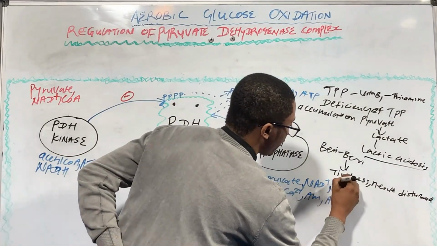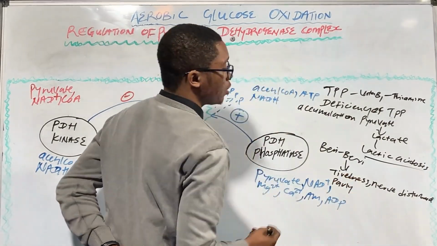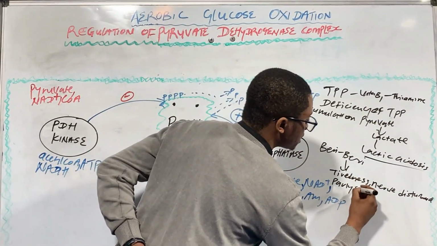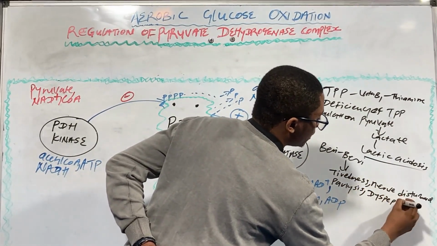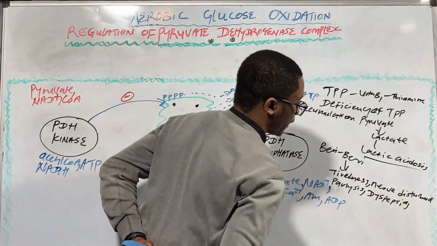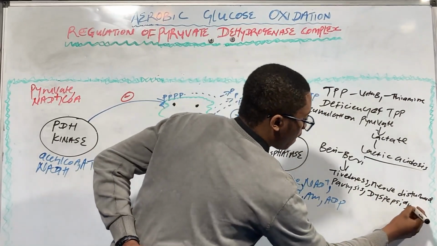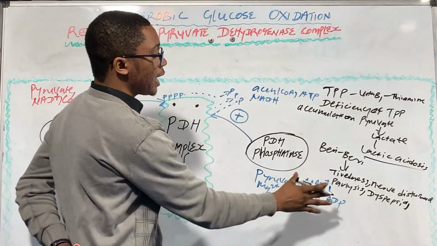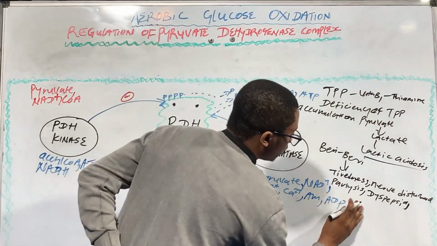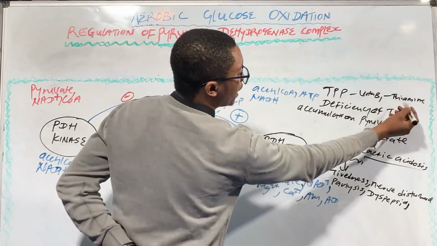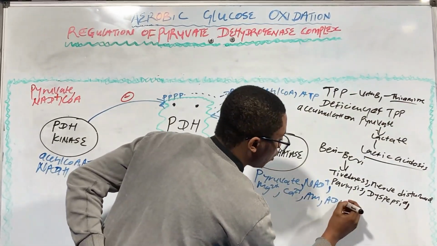We also have paralysis, because there's a deficiency of thiamine. We also have dyspepsia, which is pain in the stomach. So these are the symptoms of beriberi.